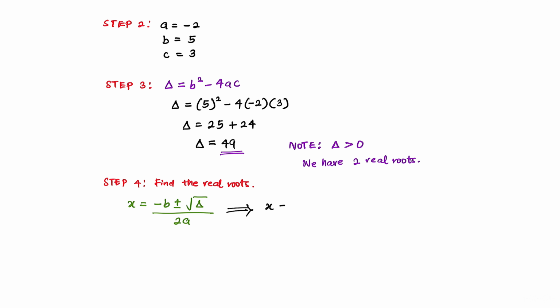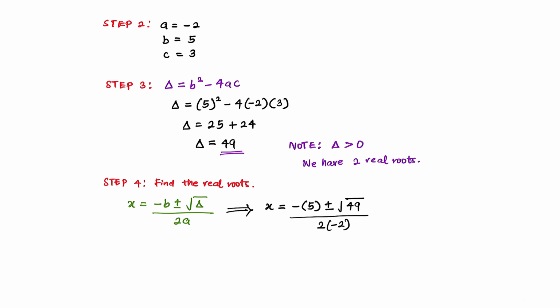X equals minus b. B is 5, so minus 5, plus or minus square root of delta, and delta is 49, divided by 2a. A is minus 2.